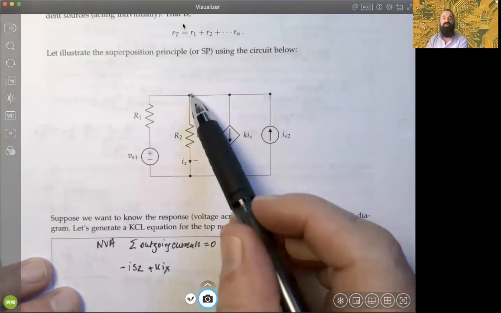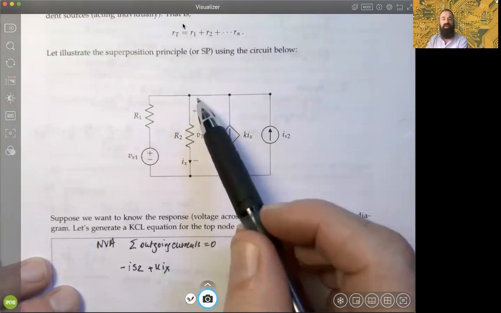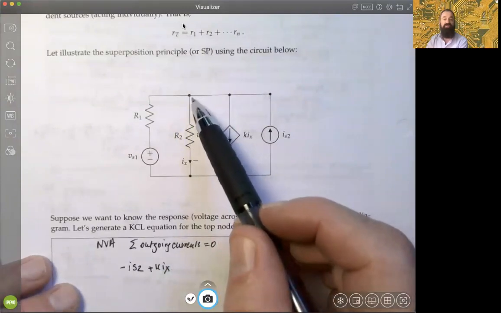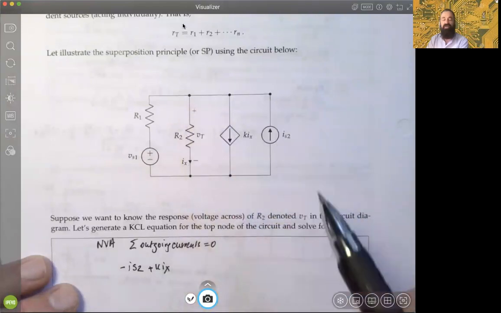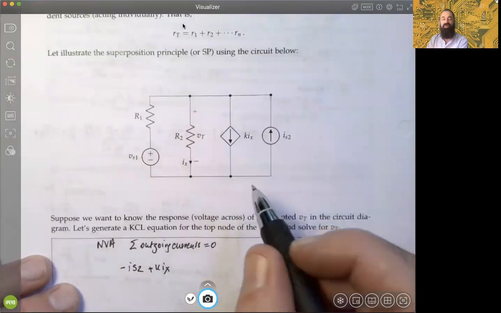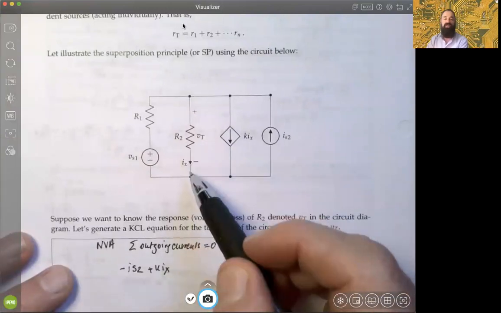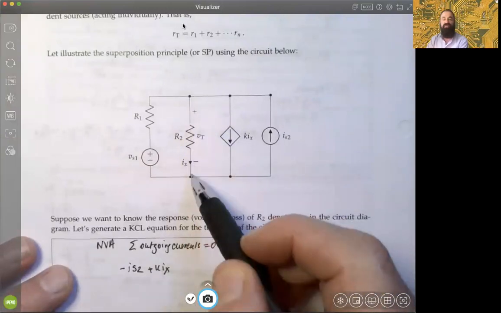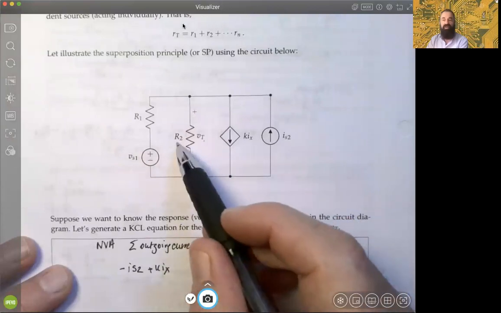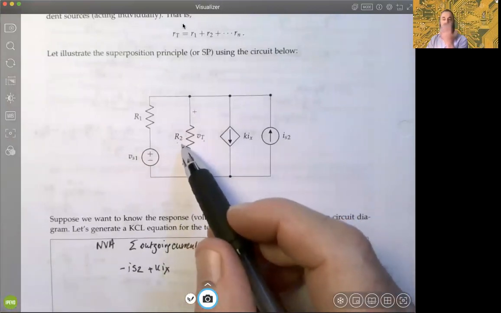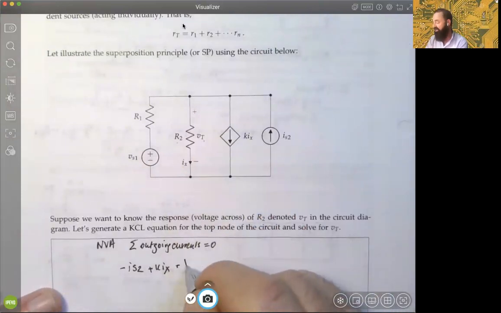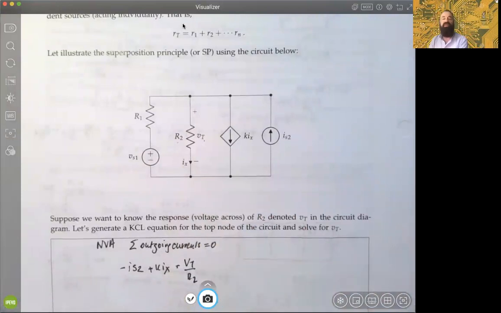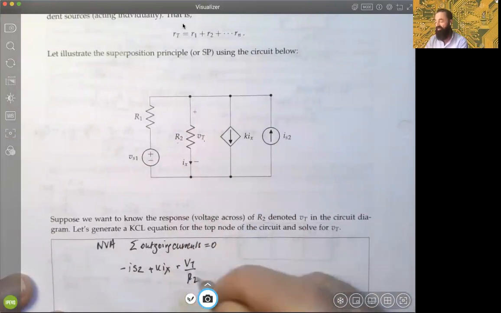Then we're assuming the nodal voltage there is the same as VT, all right? And then we're going through that resistance R2, where we just use Ohm's law. If this is just representing the current through there, and we know this voltage and we know that resistance, we know that it has to be VT divided by R2. So we don't need to write a ground or anything in that case. We just use Ohm's law.